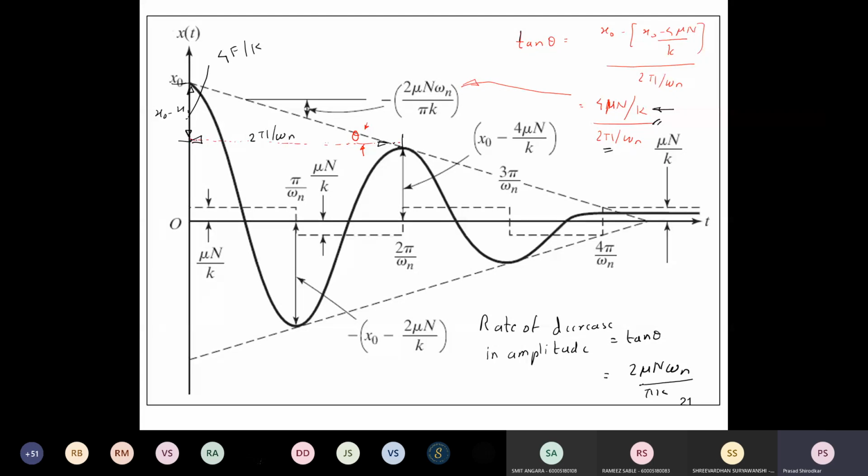And since the slope is negative, this negative sign is applied to it. So this is how the amplitude decreases.